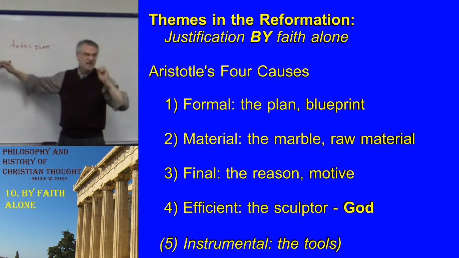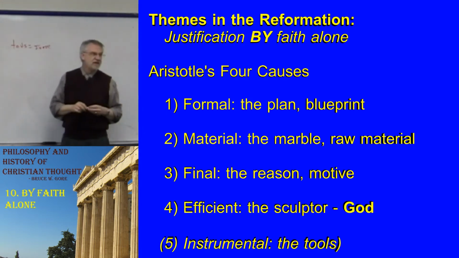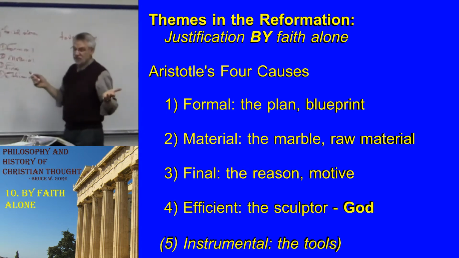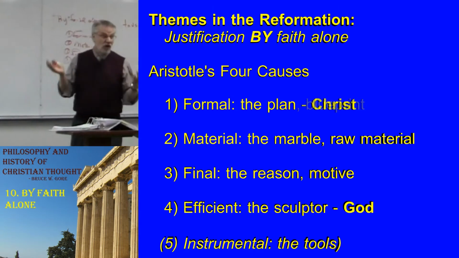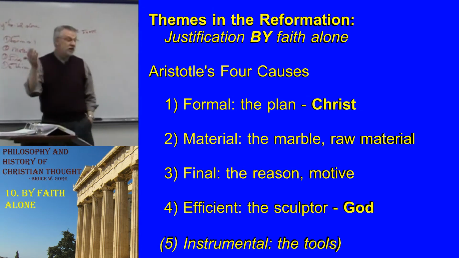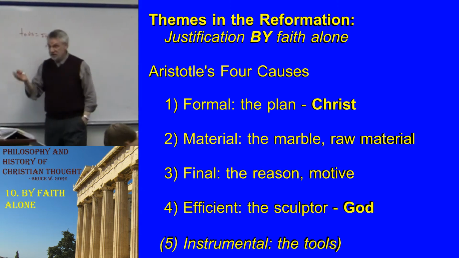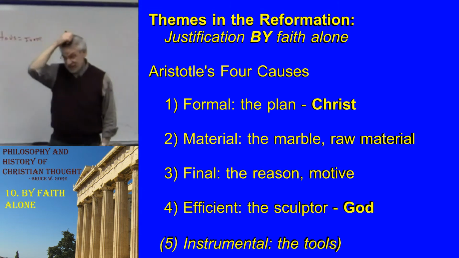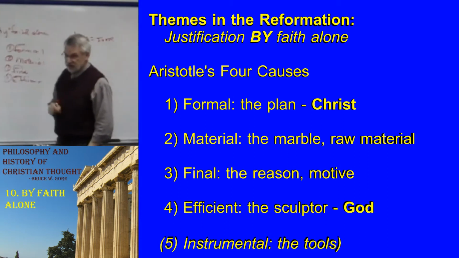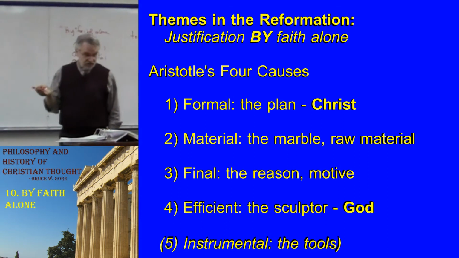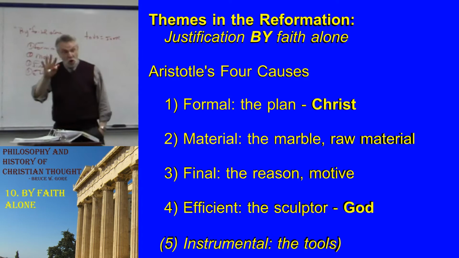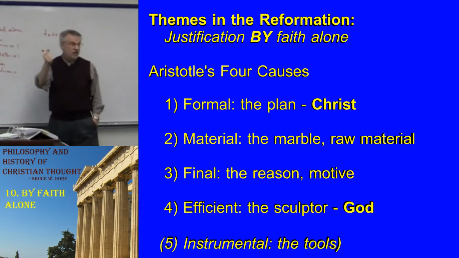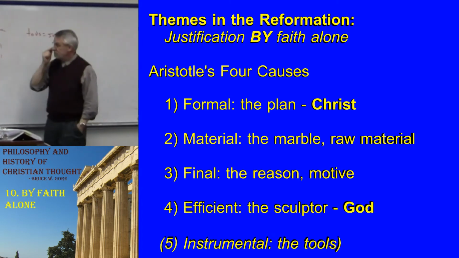Did you say it was to be made righteous? Okay, to be made righteous, or the Reformers would say to be made like Christ. To be conformed to the image of Christ. That's God's design, His plan, that we are taken from a position of corruption and molded into a Christ-like human being.